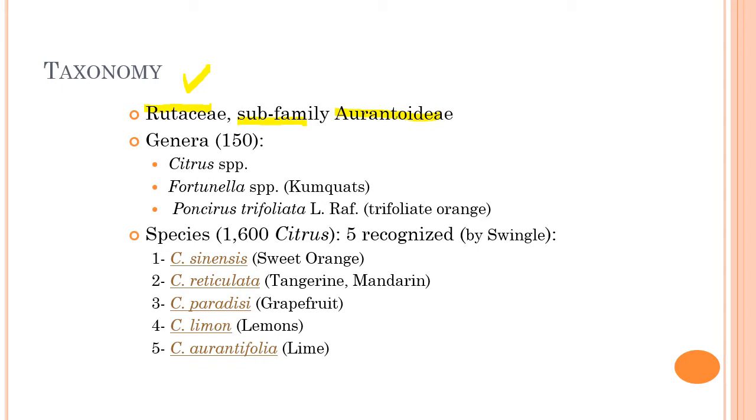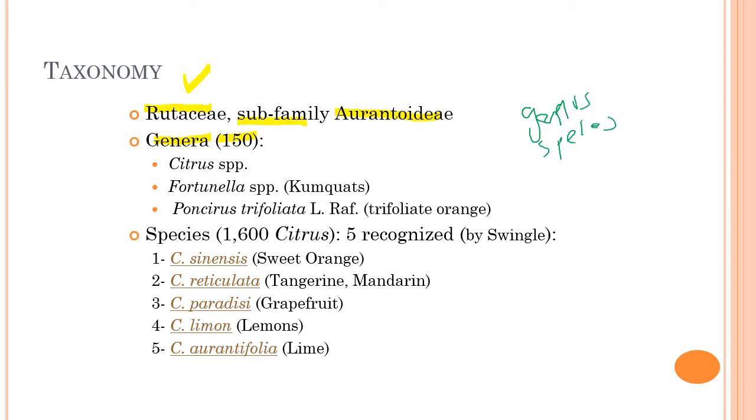Under this Aurantioideae, or the family Rutaceae, there are 150 genera. Genera is the plural of genus. You know the scientific names of plants are genus and species, right?